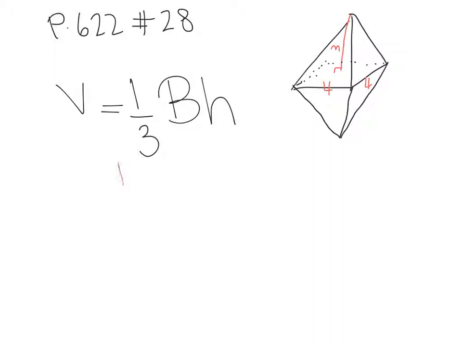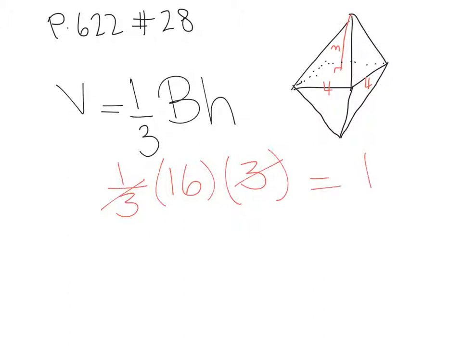So I have 1/3 times the area of the base. Well, the area of the base is 4 times 4, side times side, which is 16, times 3, because that's the height. 1/3 of 3 is just 1, so I have the volume of one pyramid is 16 meters cubed.